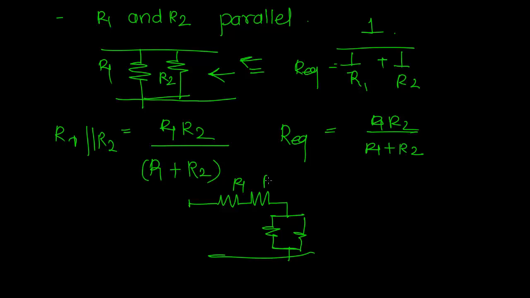So this can be R1, R2, R3, R4. You can write this equivalently: R equivalent of these two, and R equivalent of this parallel combination. Now let's see a trick to find the equivalent resistance of a parallel resistor combination. Suppose there is a resistance R1 and a resistance R2 connected in parallel.